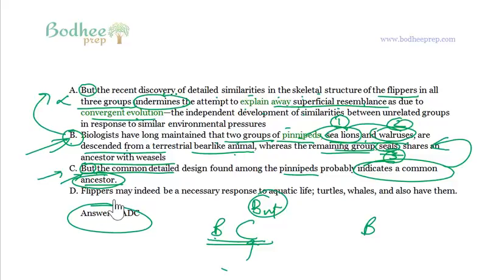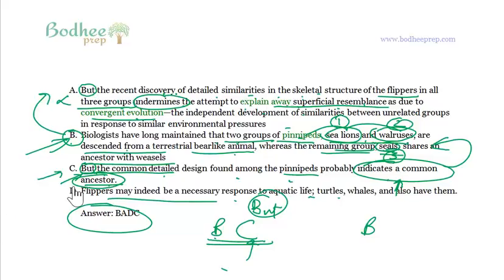It says here, flippers may indeed be a necessary response to aquatic life. Turtles, whales, and something also is missing here, also have them. But the common detailed design among the pinnipeds probably indicates a common ancestor.